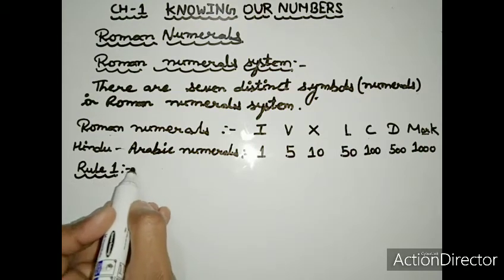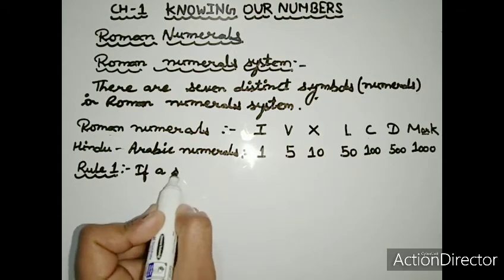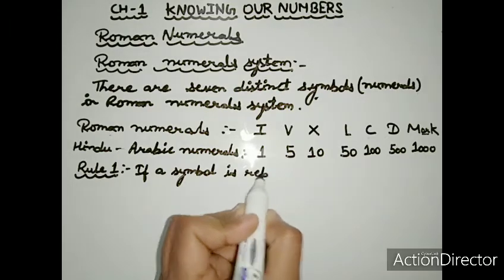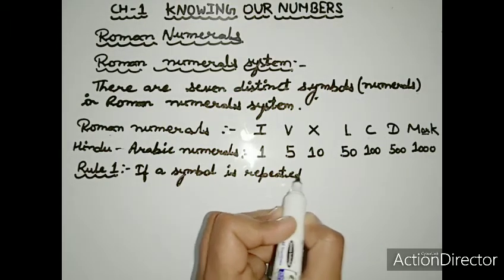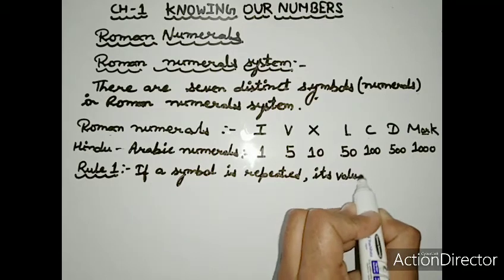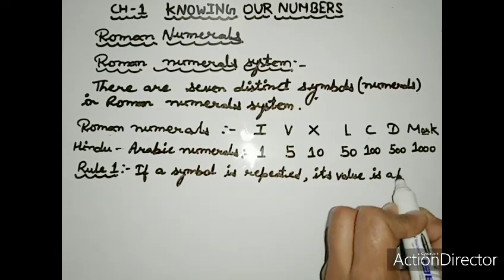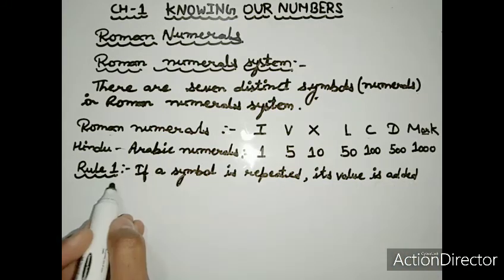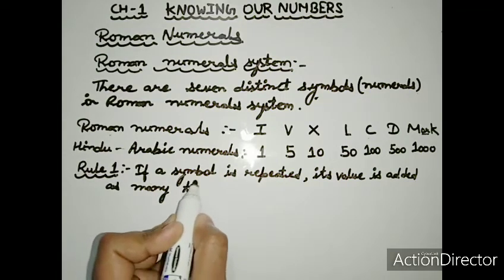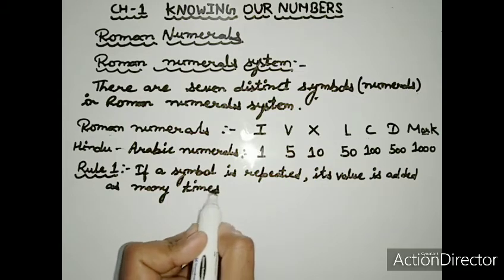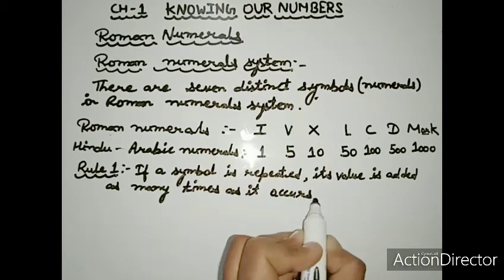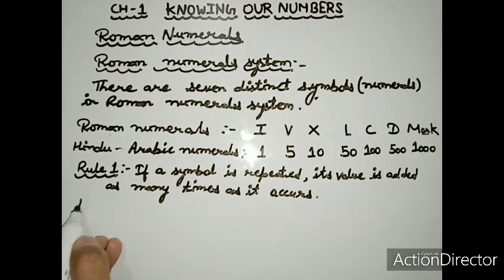Rule 1: If a symbol is repeated, then its value is added as many times as it occurs. Now here is an example.